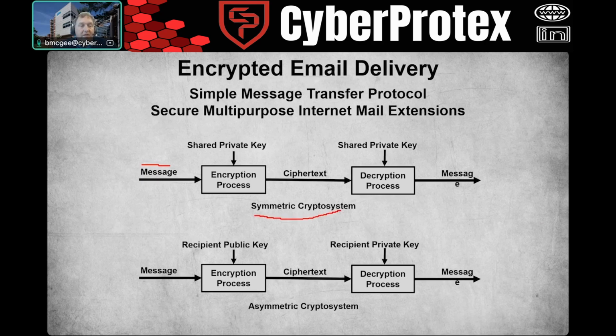Whereas in the asymmetric system, it will use the public key on one side and the private key on the other side. So encrypted mail delivery using S/MIME extensions really comes in handy in both symmetric and asymmetric modes, allowing us to transfer mail securely.